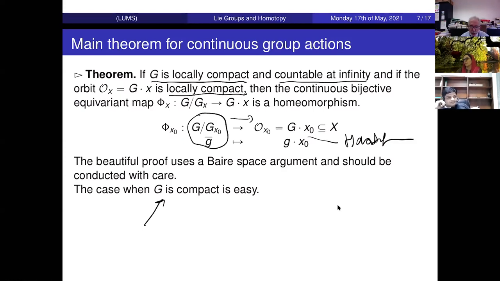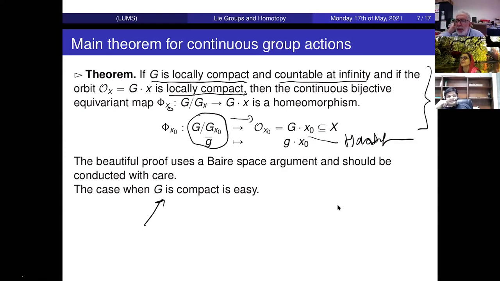Of course, if G is countable at infinity, the orbits are also countable at infinity. In that case, the equivariant map phi at x0 is a homeomorphism. This is very important.